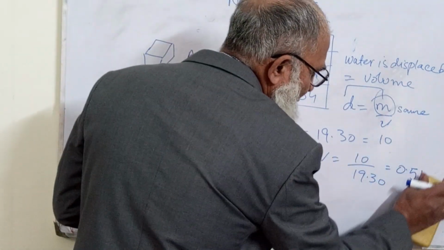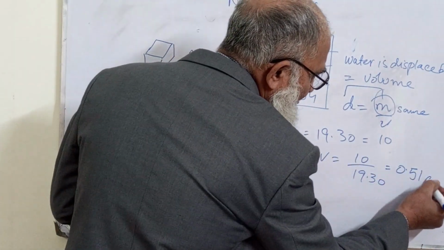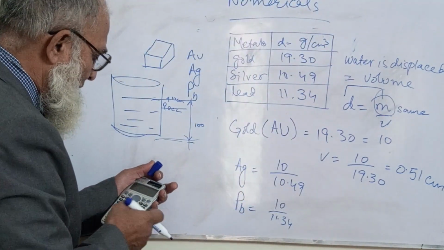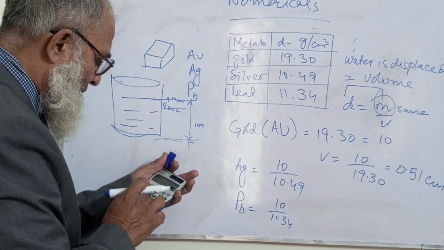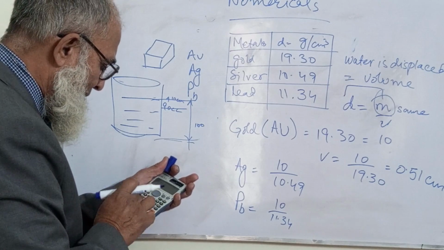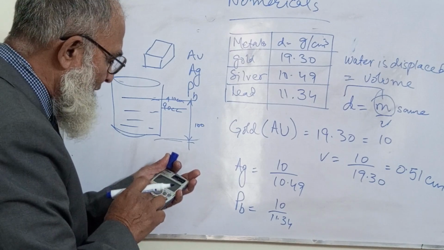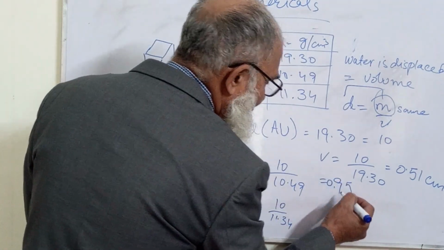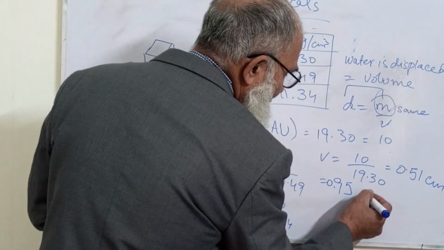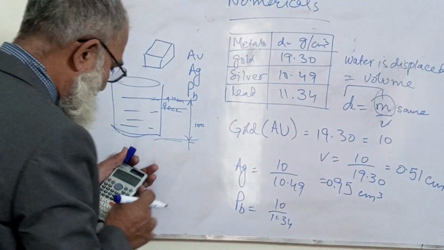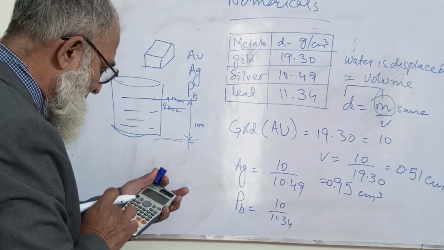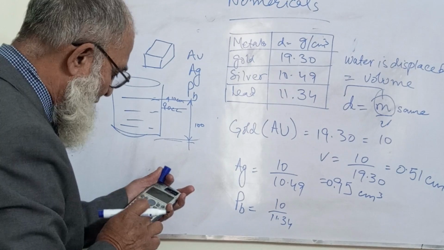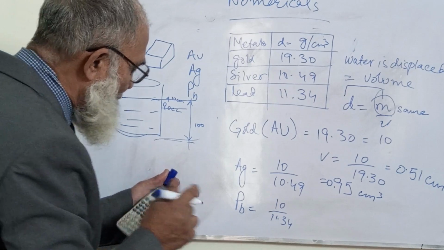For Ag, silver, 10 divided by 10.49 gives 0.95 centimeter cube. And for lead, 10 divided by 11.34 gives 0.88 centimeter cube.